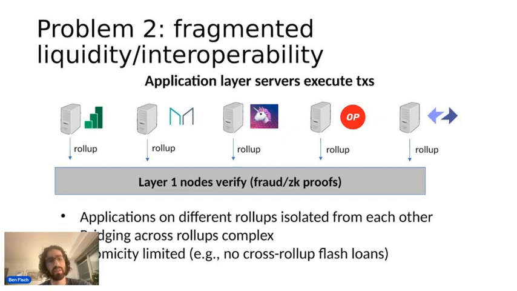So applications on different rollups are now isolated from each other, whereas when they were all running on Ethereum, they were not isolated from each other. And this makes various things like atomicity, flash loans, etc., very, very complex to impossible. So bridging becomes complex. Certain forms of interoperability are now lost. Liquidity is fragmented.